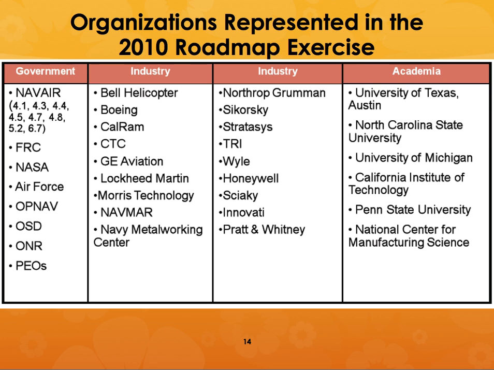When you go to 5.2, 6.7, those are the different offices that were related to that. So you can see that these are multiple agencies and multiple industries, multiple academia and things like that. And Oklahoma State University is not yet part of this, but we hope to be part of this in the future.